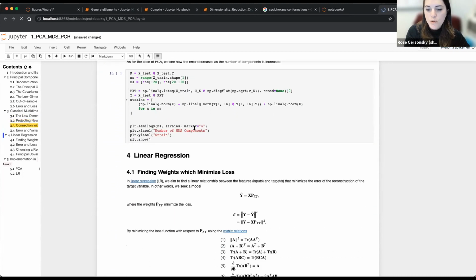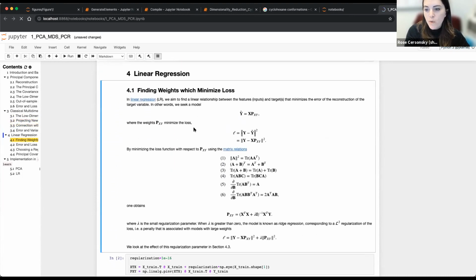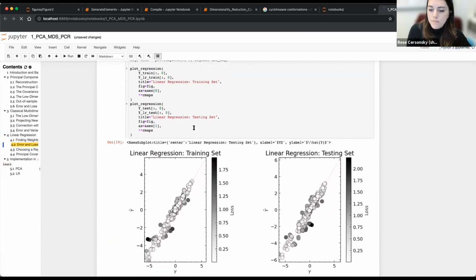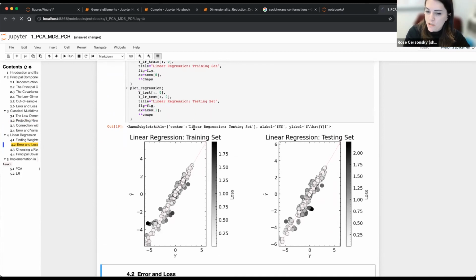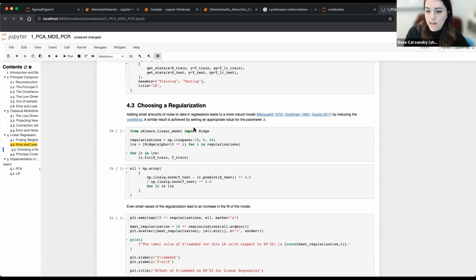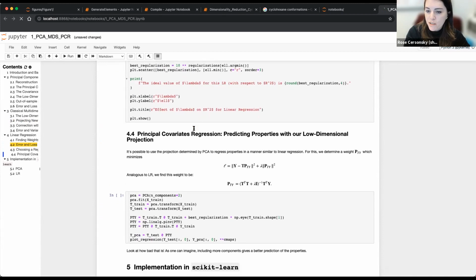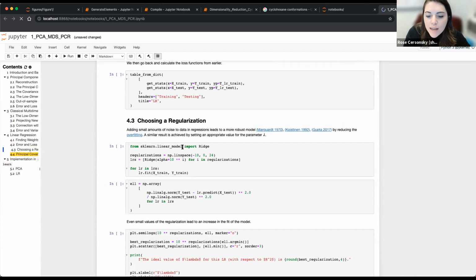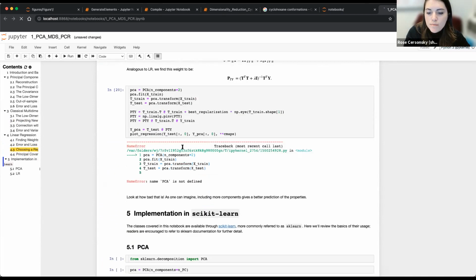And then as you go through this, we also see ways to minimize the loss in linear regression. So this is actually the guts of linear regression. If you ever want to know mathematically how linear regression works, it's on here. Showing exactly how weights are constructed for a train and test set and the importance of a regularization. And then we can use our PCA. I didn't import it yet, I'm sorry.